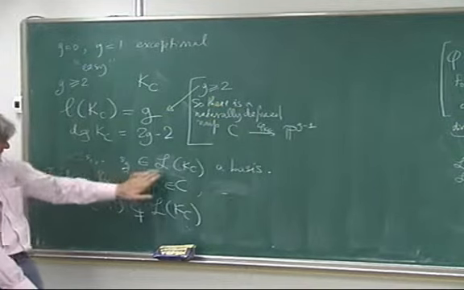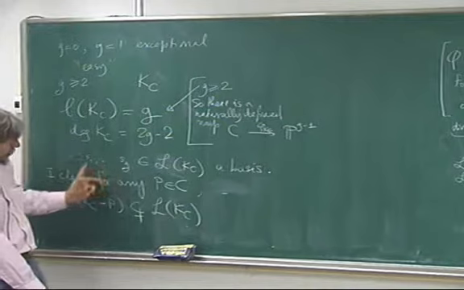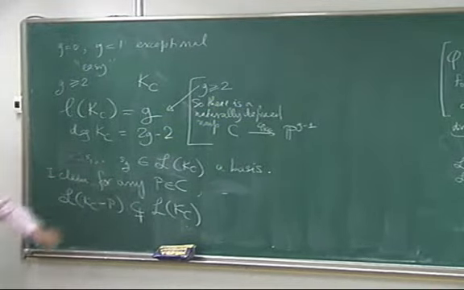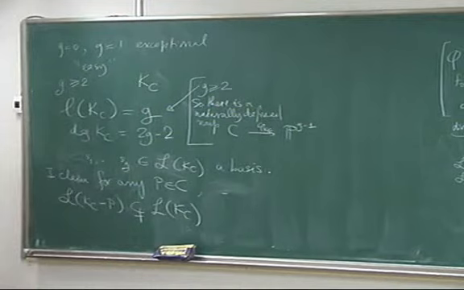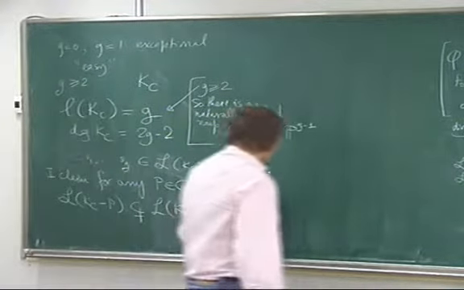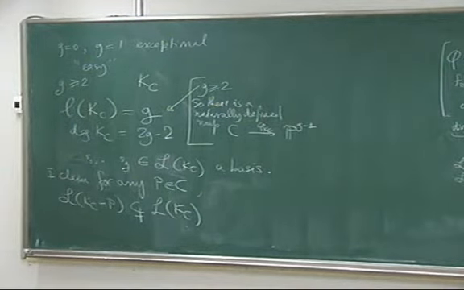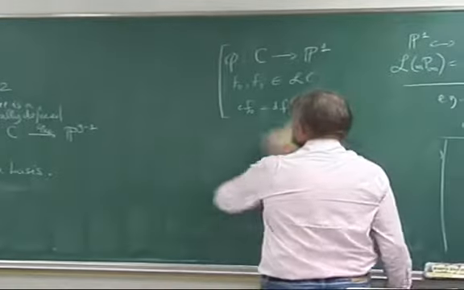There's this S1 up to Sg in Kc, and they don't all have an extra zero at P. So if Kc is an effective divisor, it means that at every point P, at least one of these has exactly the specified pole and no less. So I said a claim, so now I'm supposed to give a proof. What's the proof?